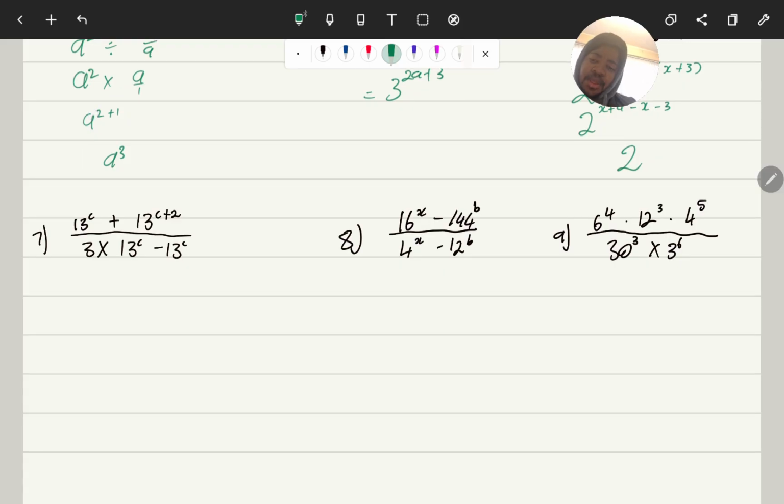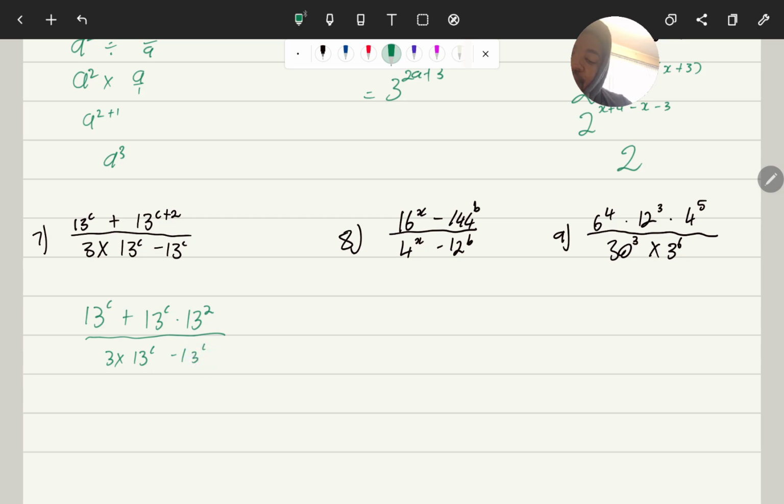All right. Cool. This one, okay, let me do it this way. You have 13^c plus, here you see that we did add the exponents, so I could say you have 13^c multiplied by 13 to the power of 2. Then you have 3 multiplied by 13^c minus 13^c.